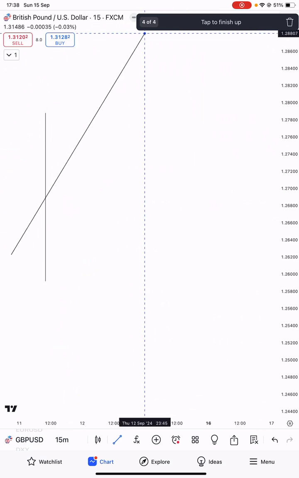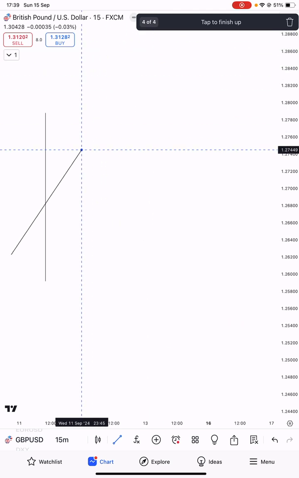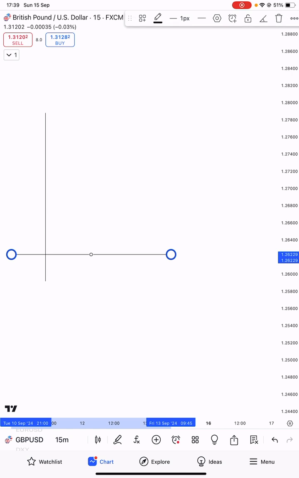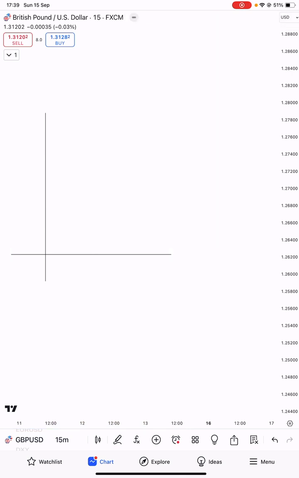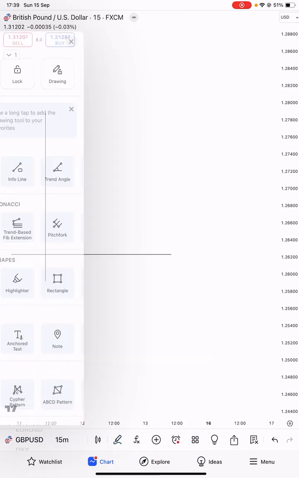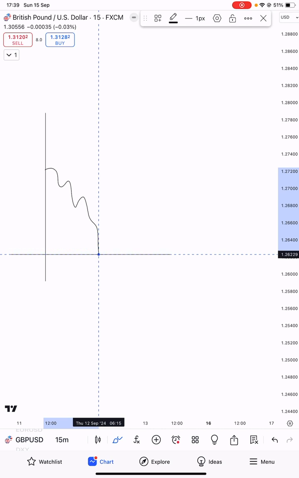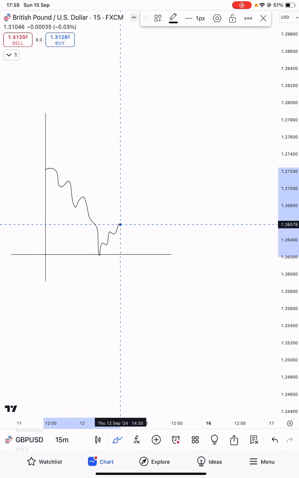You are aiming at a draw on liquidity above or whatever. You mark a daily key level, so the block, FVG, volume imbalance, breaker, whatever you want. You wait for price to hit the key level and to form the low or high of the week, and you let the day close, okay?